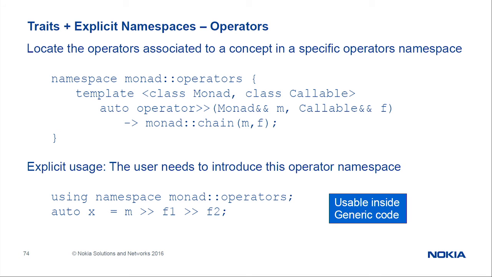Then we define on this namespace, these operators are not available otherwise. If we request them explicitly, then this is the way we could have operators associated to a concept, and we request them explicitly.